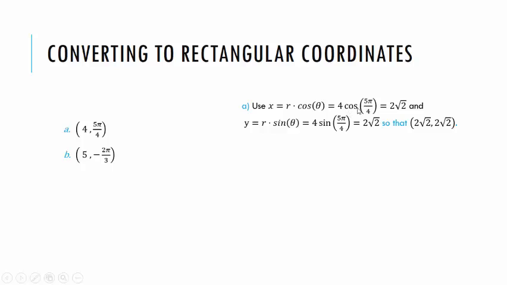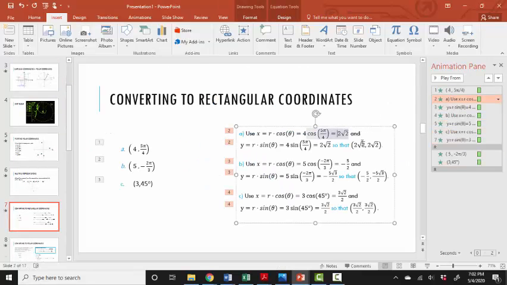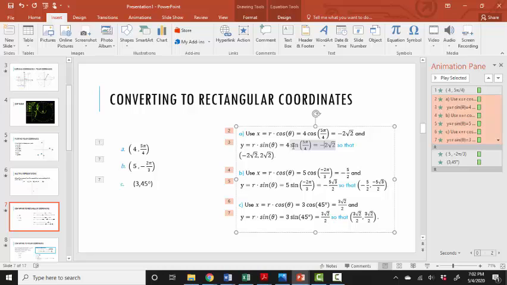Cosine of 5 pi over 4 is negative root 2 over 2, and you're multiplying by 4, so this should be negative 2 square roots of 2. And then sine, because that is also negative, so sine of 5 pi over 4 should be negative 2 square roots of 2.